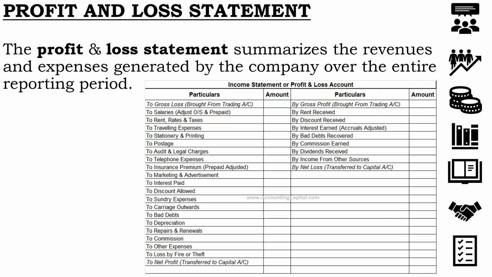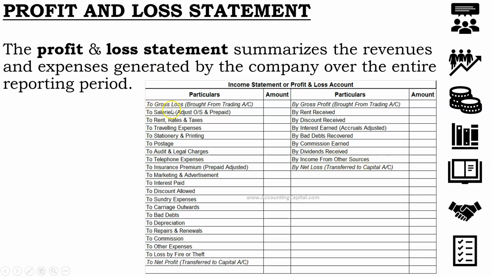Maybe we have purchased a few suits from a lender, and he has given us some credit, or you could say some discount on it. So we mention it on the credit side of our P&L. Interest earned, bad debts recovered, commission earned, dividends received, income from other sources.